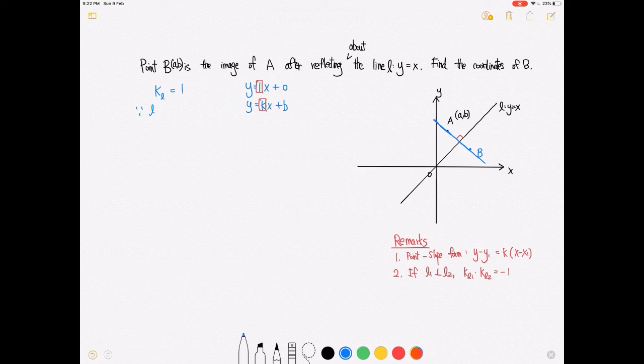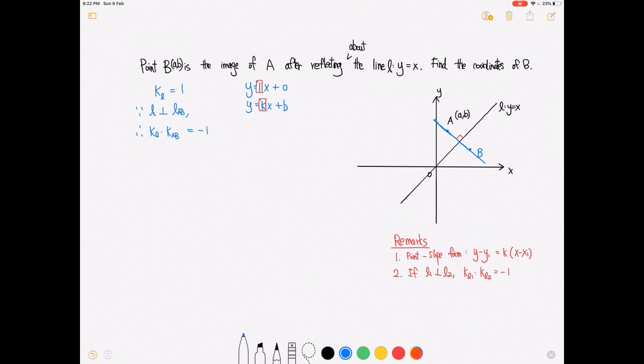Since L is perpendicular to AB, therefore the product of the slopes will be -1.